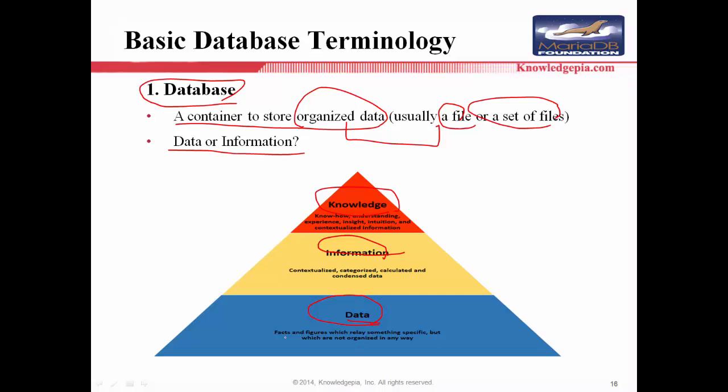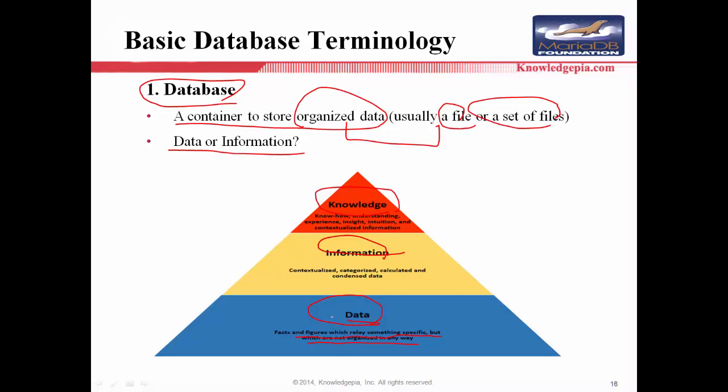Data normally means facts and figures which relate to something specific, but are not organized. There is so much data in the world we use every day, but not all data can be organized.